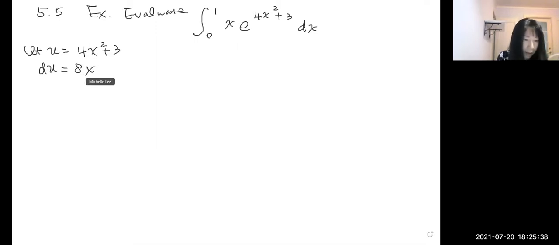Eight x, very good. Okay, dx. Do we have 8x dx there? No. Since we don't have 8 there, we have x dx there, right? So we're gonna divide by 8 on both sides. So we will have 1 over 8 du equal to x dx.